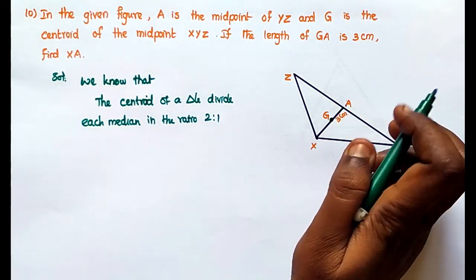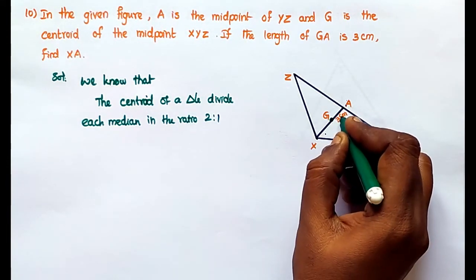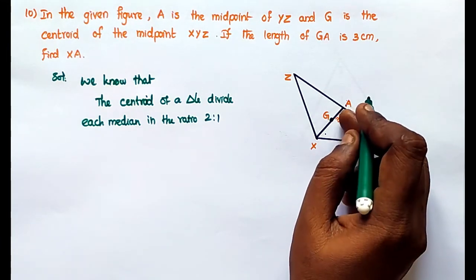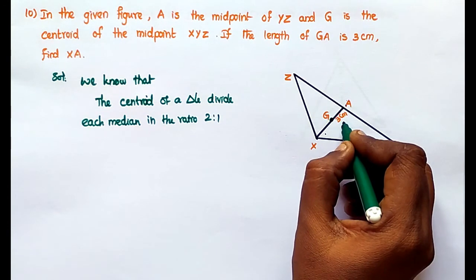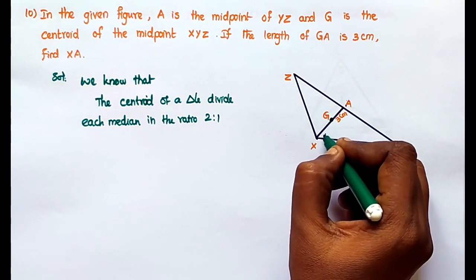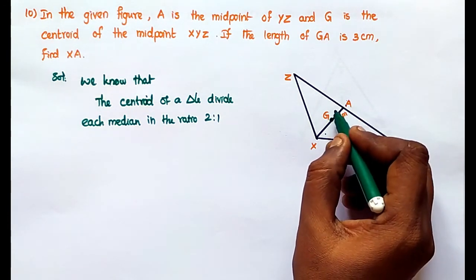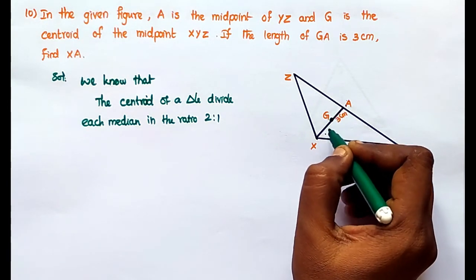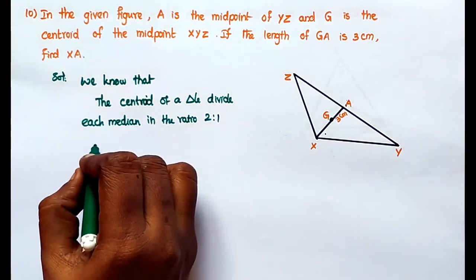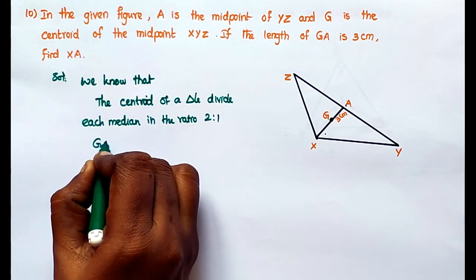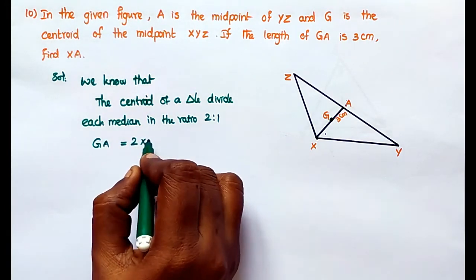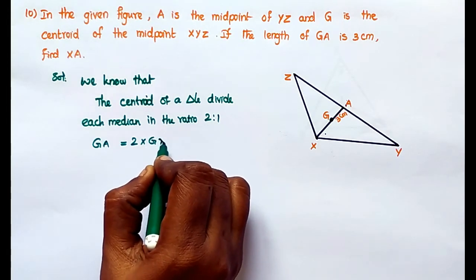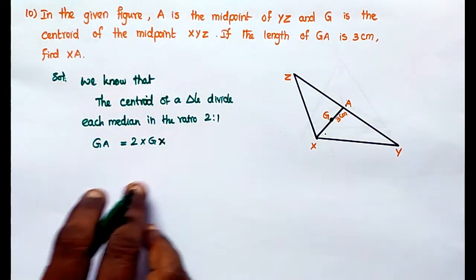Listen, here 2 times, here 1 time, 2:1. They given GA equal to 3 centimeter, and here 2 times. So GX equal to 2 into GA. That is the ratio.